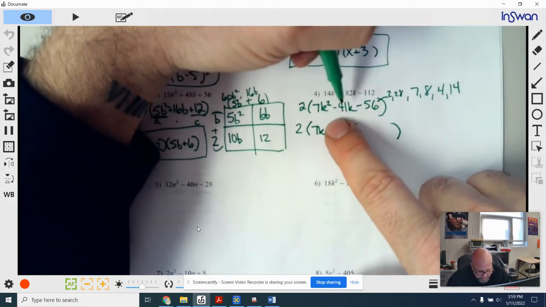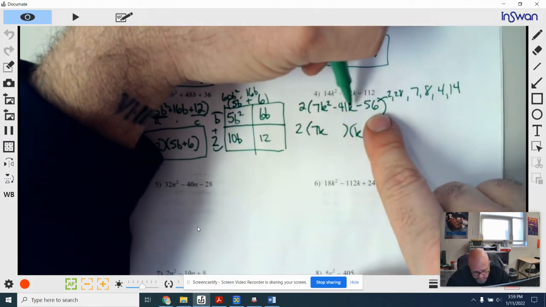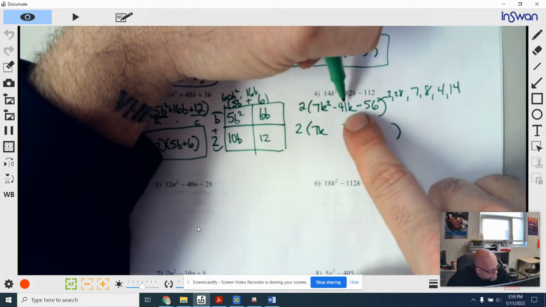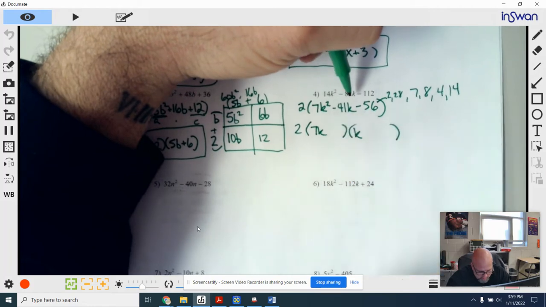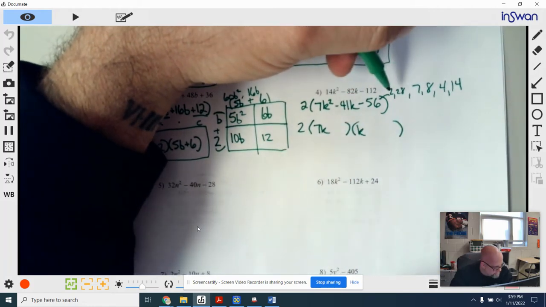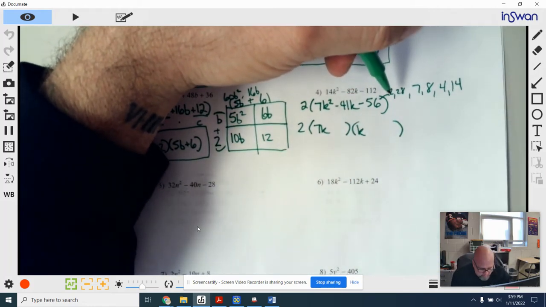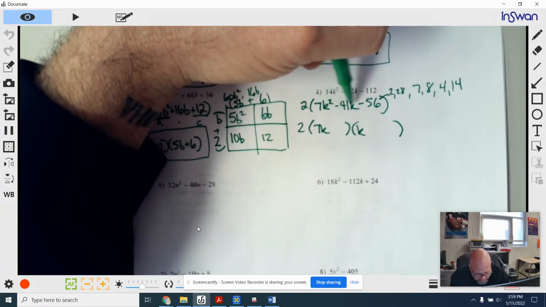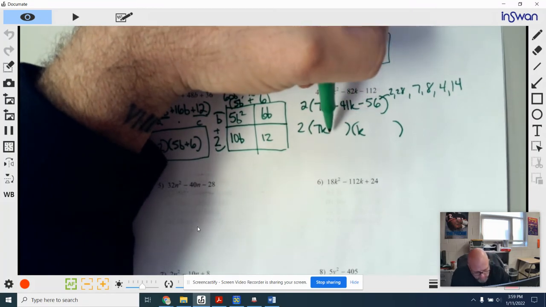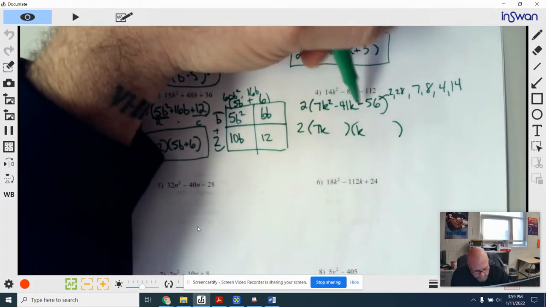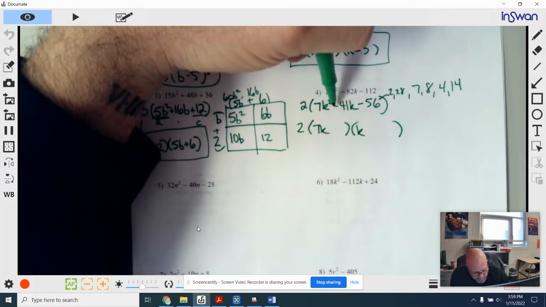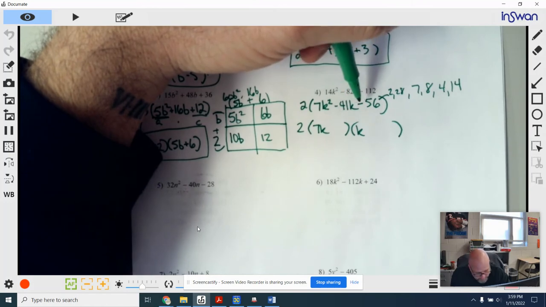But again, 2 numbers that multiply to a negative 56, but they got to add up to a negative 41k right here. All right, so when I'm thinking about this one here, I'm thinking, well, what can get me to negative 41k but multiply to negative 56? One has to be a positive, one has to be a negative, but the resulting answer when I add them will be a negative answer here.